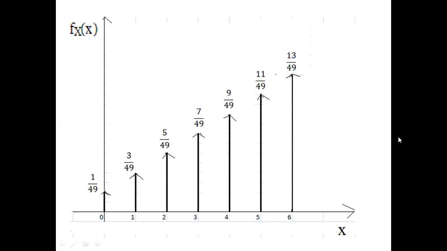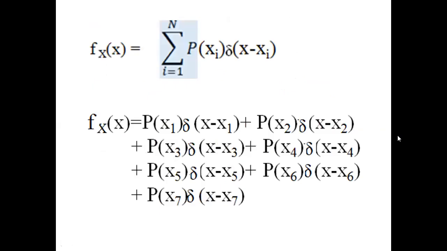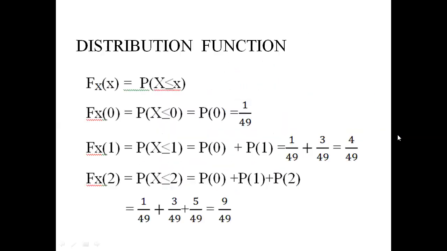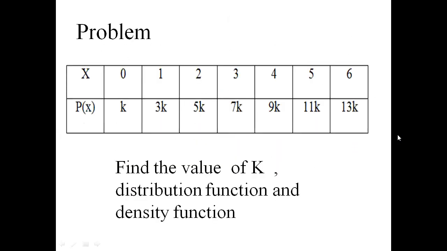In this way, we are doing easily the problems based on probability distribution function and density function. First, remember the formulas. Whenever we observe this problem, first identify whether this problem belongs to discrete random variable or continuous random variable.